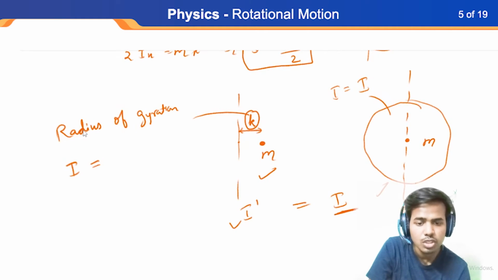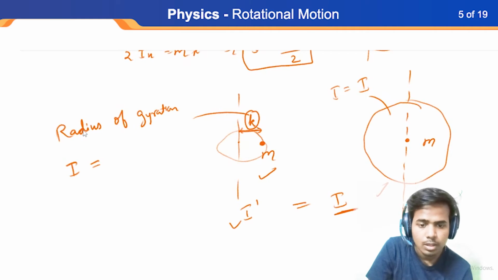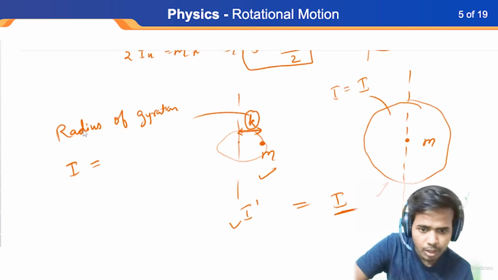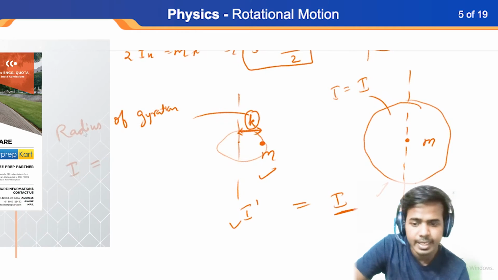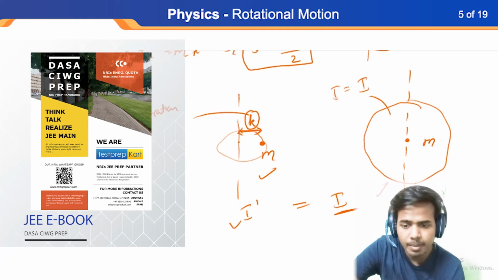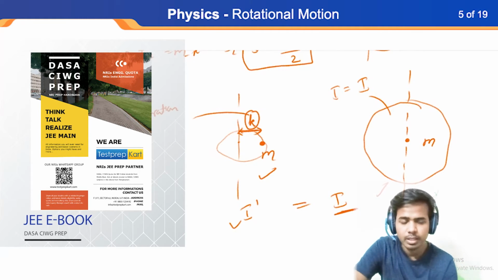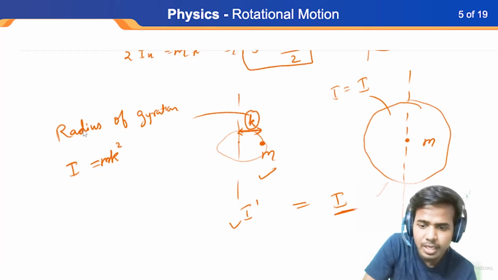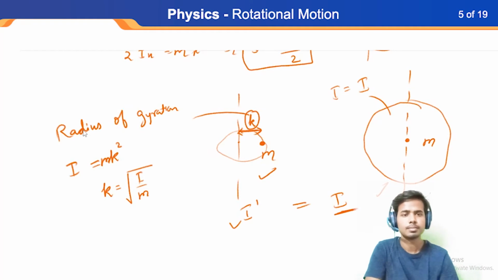And what's the moment of inertia of this system? Since it is rotating around the axis with a radius k, it should be mk square, right? Mk square. And how do you find the radius of gyration? It will simply be k equal to the square root of I by m, nothing else.